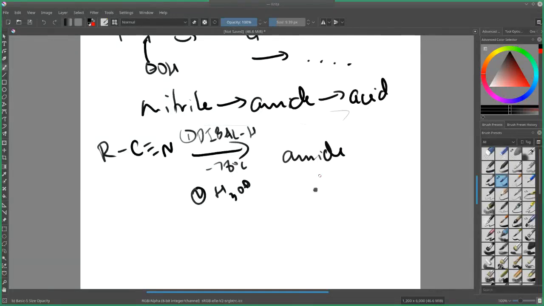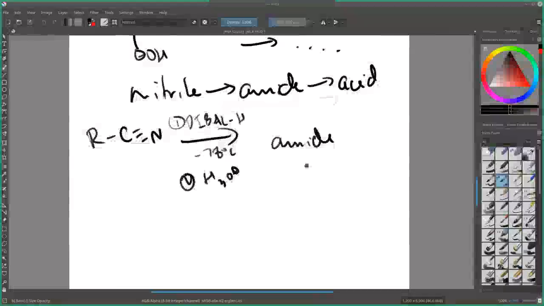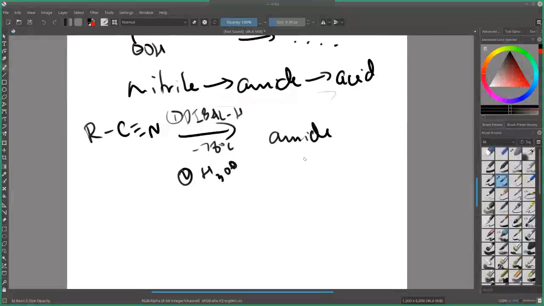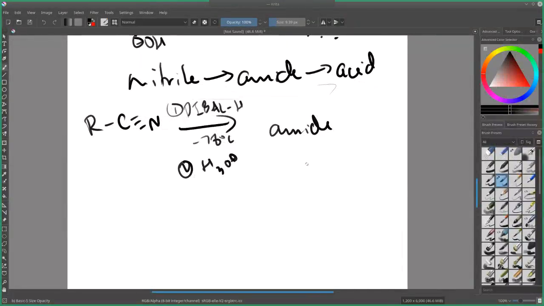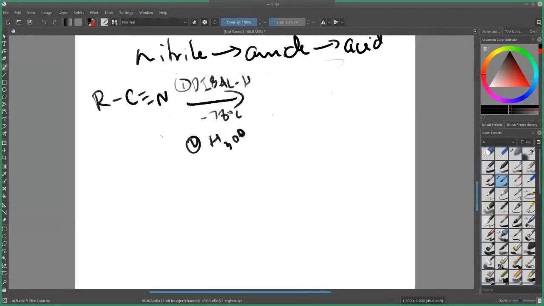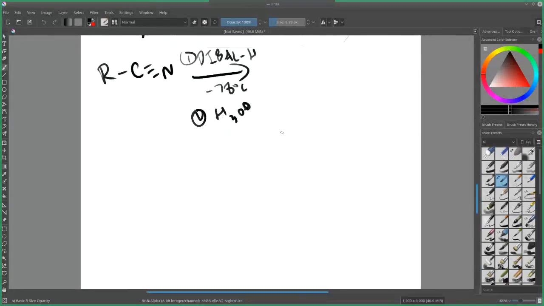Can anyone verify that? Give an amide? Yeah, I think it does. Maybe I'll double check that it gives an amide. All right, well, how about I leave it blank and we can think about it later. So, yeah, you can reduce a nitrile, which will give you, I think, an amide, but maybe I should just double check.